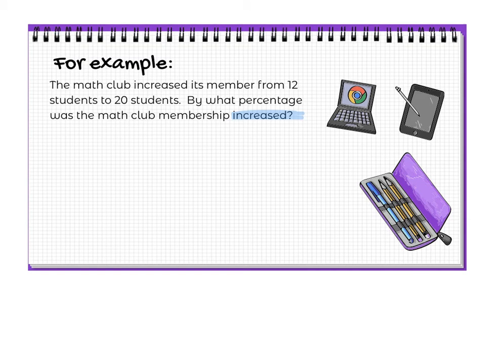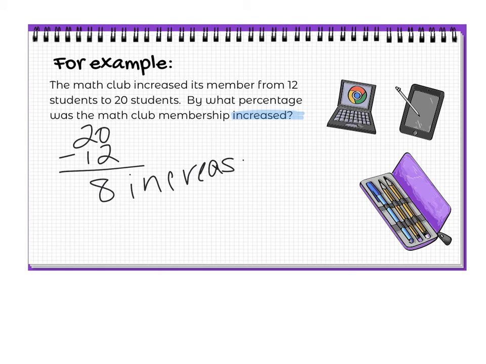Now I have 20 students. That means I increased 8 students. I increased my club by 8 students. Okay, that's a pretty big deal. But I want to figure out what percent that is, because that might not sound like a whole lot. Okay, so an 8 student increase, what percent is it?